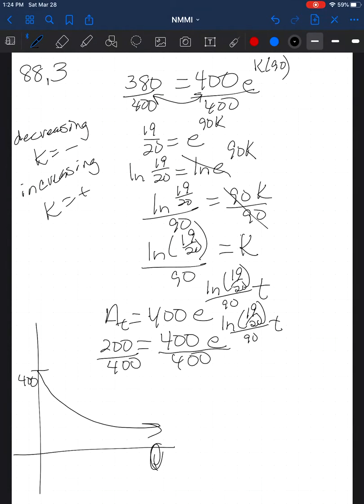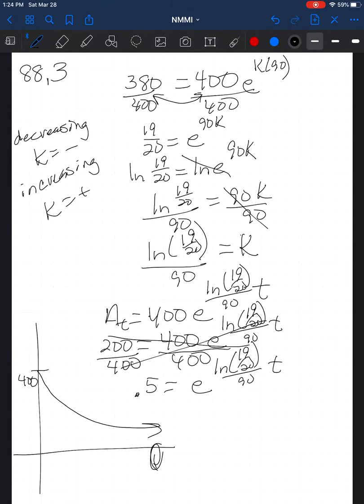So when you're finding the half-life, you can really skip this step and just put 0.5 equals e to the ln of 19/20 divided by 90 times t. It will always come out to half if you're finding the half-life. If you feel more comfortable plugging this in and solving for it, that's fine with me. I'm just telling you that you don't have to show that step.